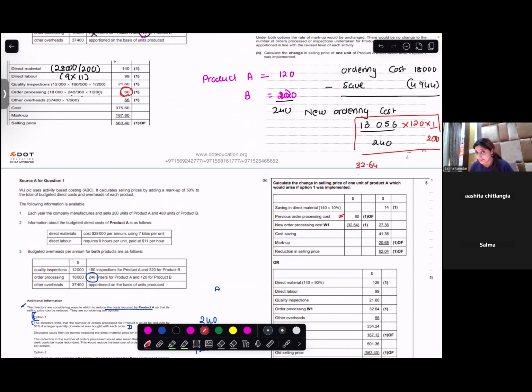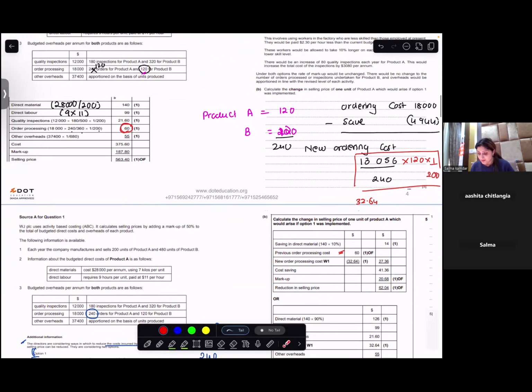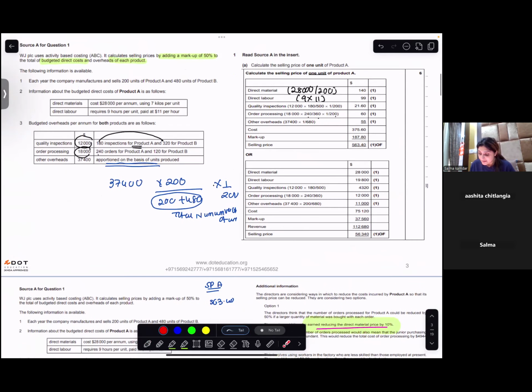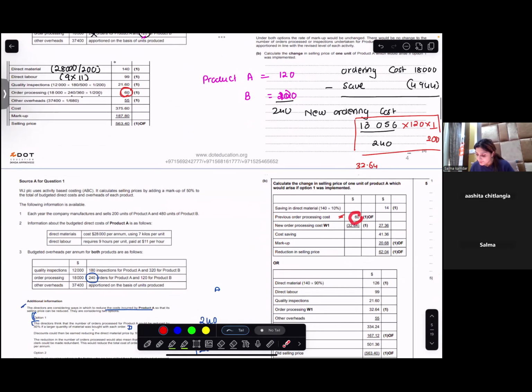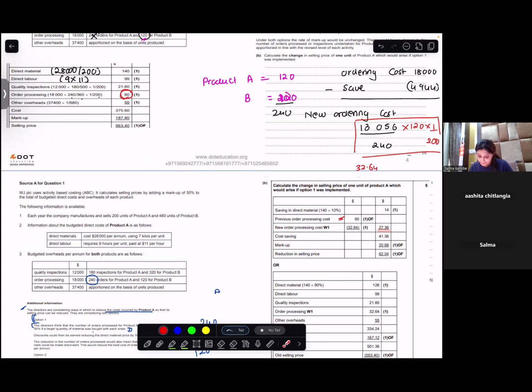New ordering cost is 32.64. So now they would save how much? 60 minus 32.64, 27.36. They would save 27.36.